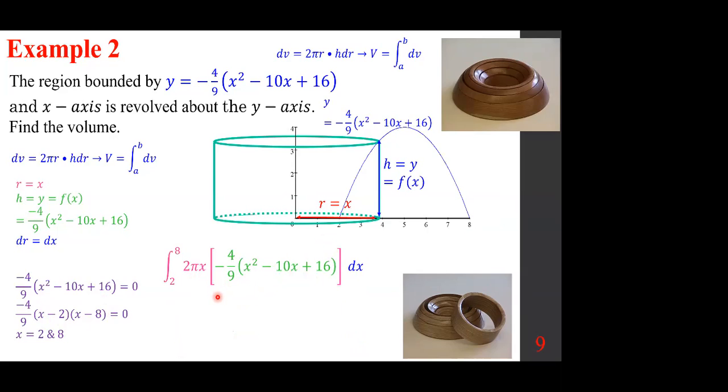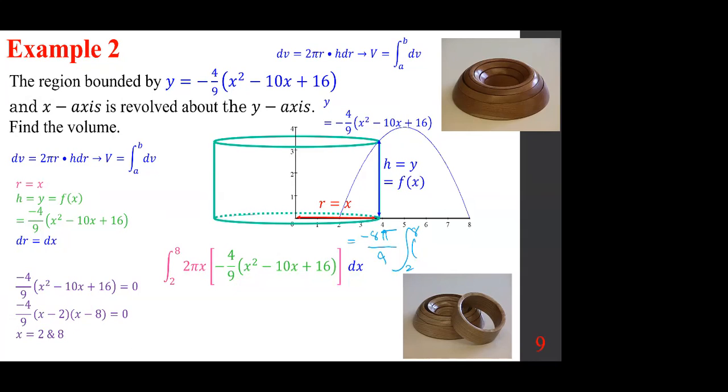You're going to multiply the x here, we get x cubed, and so if you want to, you can write this as, let me just put this out, 2 pi and negative 4 over 9 is 8 pi over 9, 2 times 8.